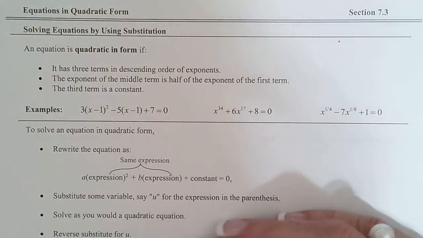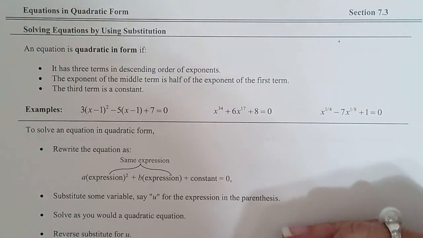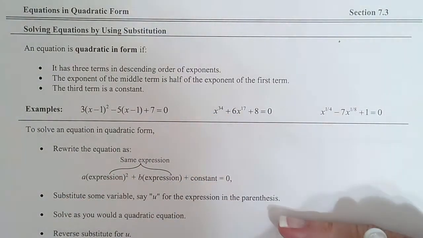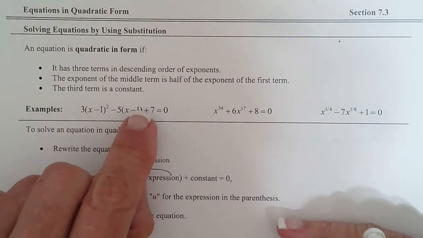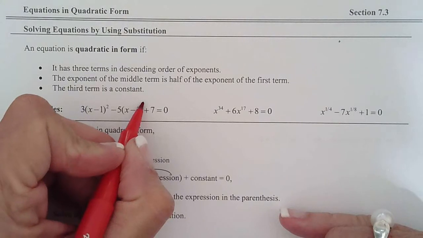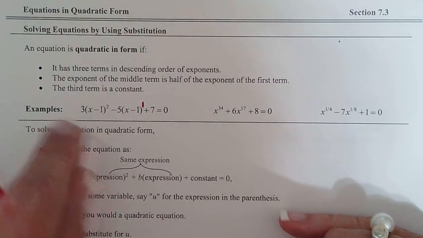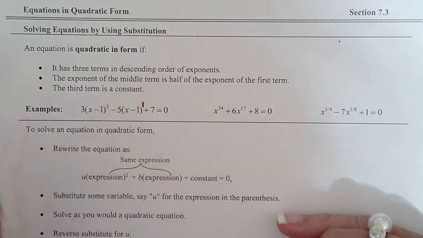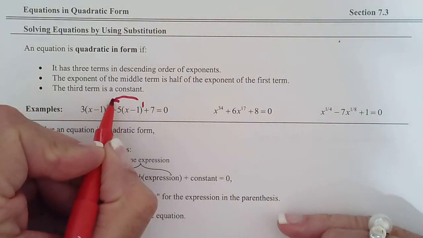So these are called equations in quadratic form, and we're going to use substitution. So quadratic in form means that the terms have to be in descending order, and the exponent on the middle term has to be half of the exponent on the first term, 1/2 of 2, or I like to think of it as going backwards.